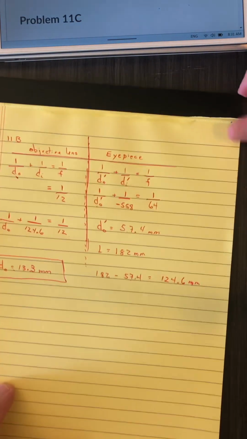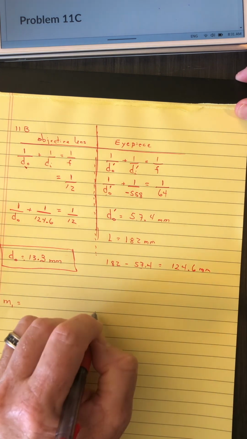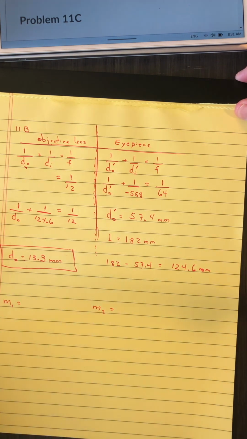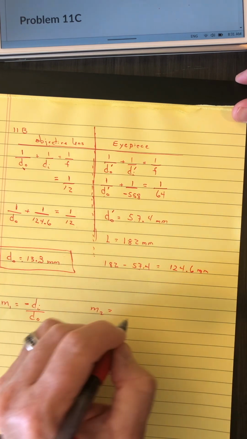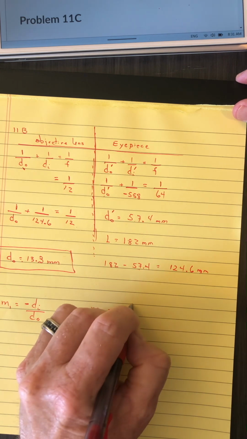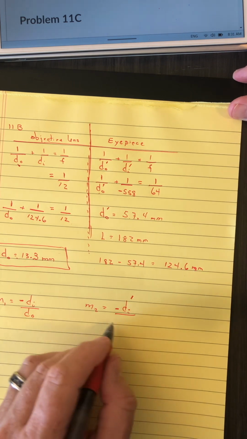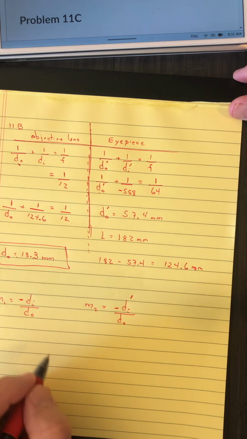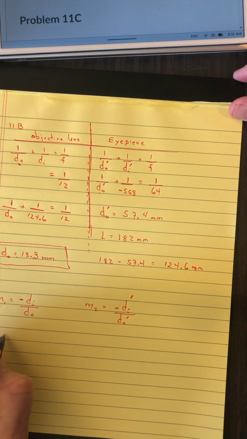We have enough information to answer that, because we can get the magnification from the first lens and from the second lens. This would be minus the image distance over the object distance, and for the second lens, the eyepiece, minus the image distance prime over the object distance of the eyepiece.